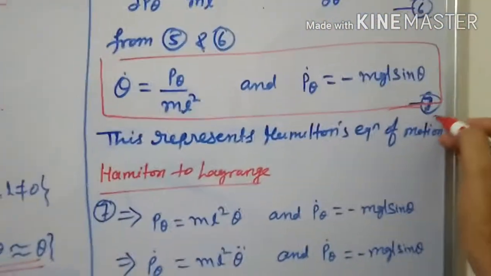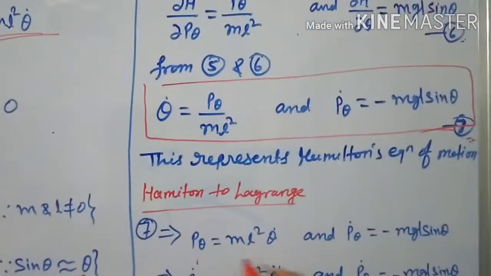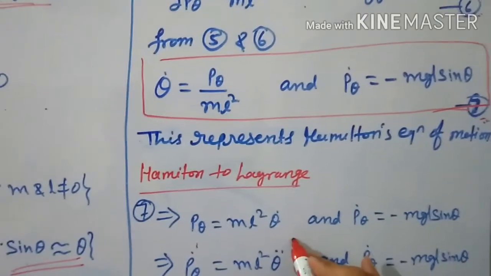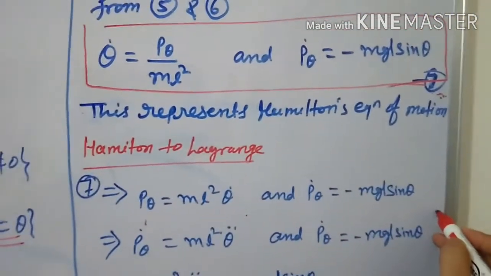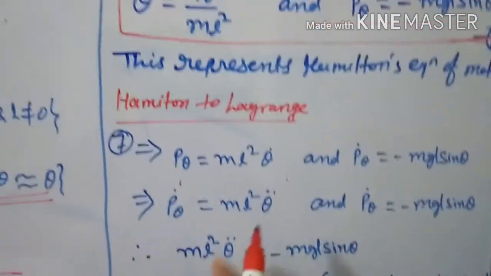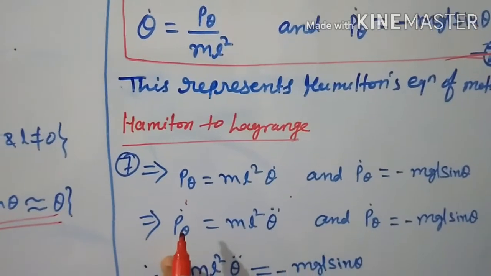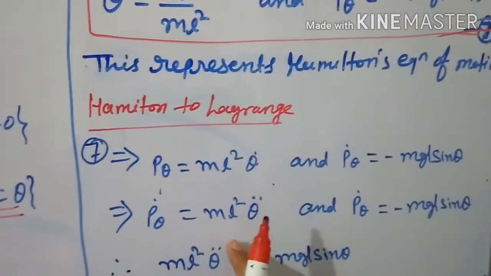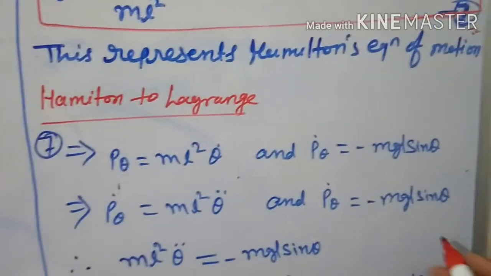From equation number 7 we have P theta is equal to ml square theta dot and P theta dot is equal to minus mgl sin theta. When we differentiate this term, we have P theta dot is equal to ml square theta double dot, and P theta dot is equal to minus mgl sin theta.